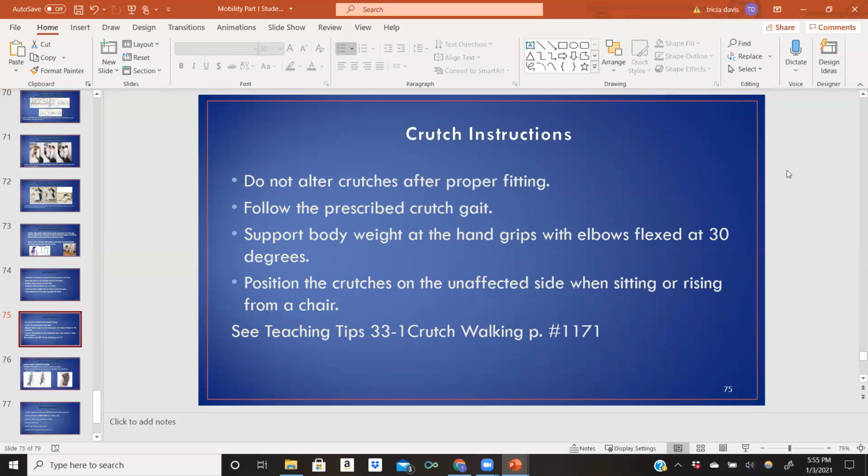If a patient gets crutches, you do not alter the crutches after they've been fitted by physical therapy, or usually it's physical therapy or OT, they fit the patient for them. You want to follow the prescribed crutch gait, whatever instructions came from physical therapy or occupational therapy. You want to support the body weight on the hand grips with the patient's elbows flexed at about 30 degrees.